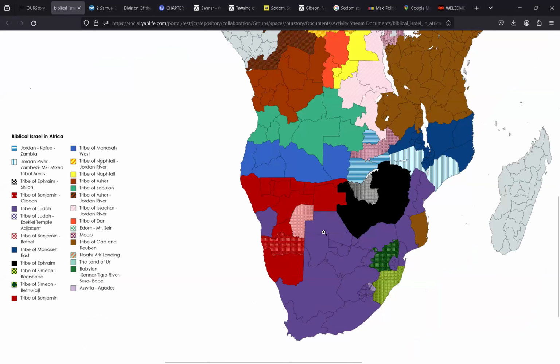Someplace around here, which is southern Namibia, based on the maps and the things that we've uncovered already. So that would go off of the research that we already have to answer your question. If you have a different research method, then you would have to answer it based on your research method of what you have.